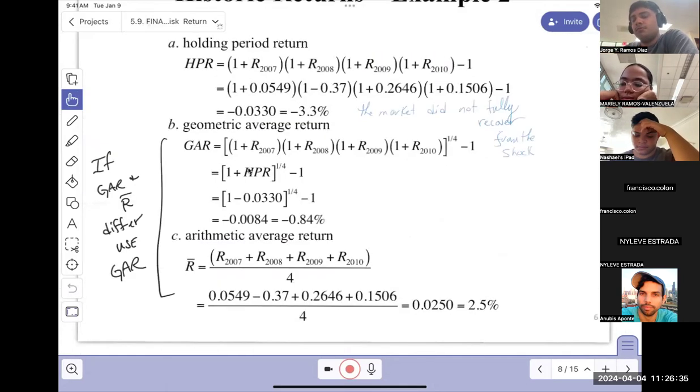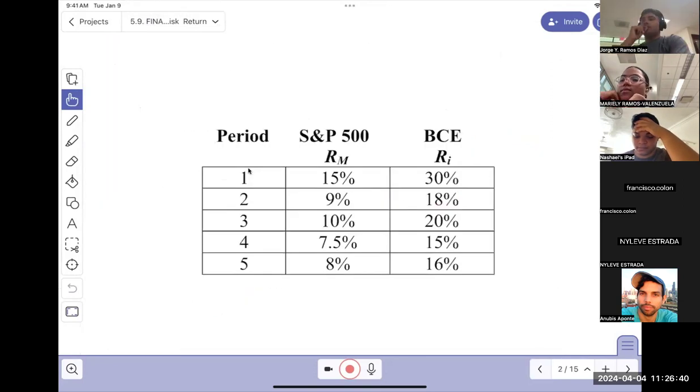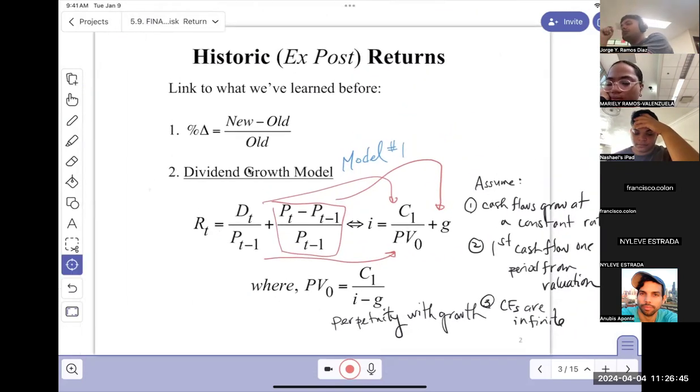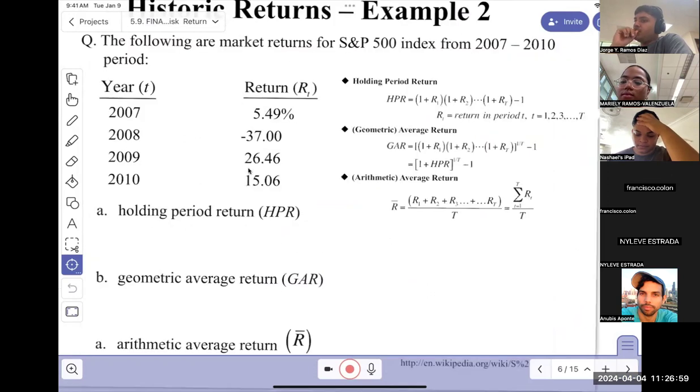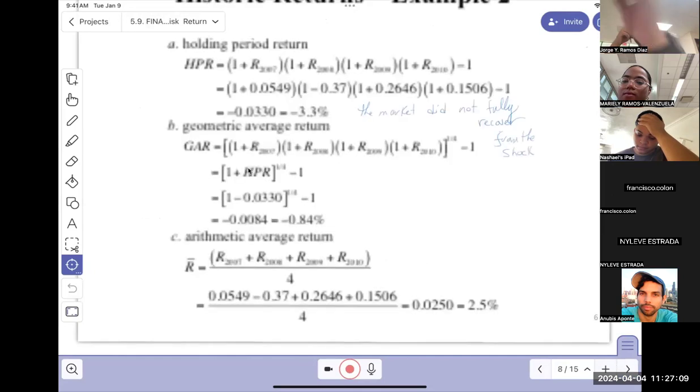All right, so we've got a measure of return. Let me go back and just recap. We learned about how we can use the growing perpetuity formula and its assumptions to estimate the required rate of return. We call that model 1 or the dividend growth model. What I'm doing right now is pretty much like model 2, just finding returns using statistics of historical data, if I have the historical data.